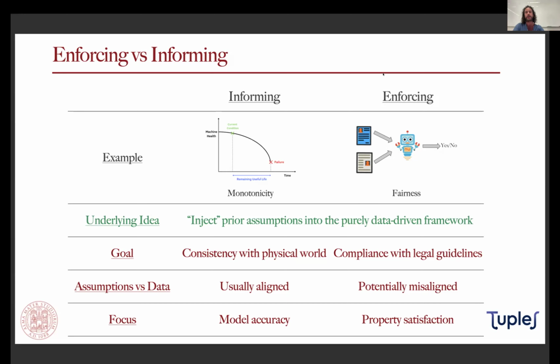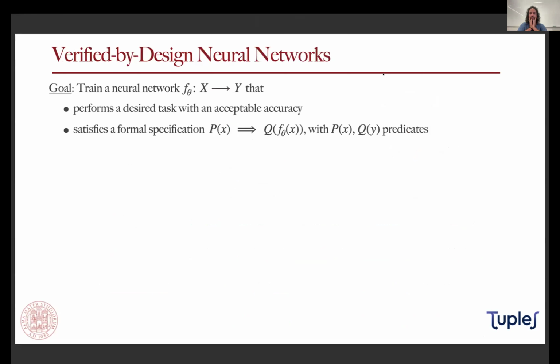So this was just a long introduction, but just to give you the context of my work. I think we can now dive into the technical details if you want. So again, what do we want to do? We want to train verified-by-design neural networks, okay? We are given a neural network f_theta.